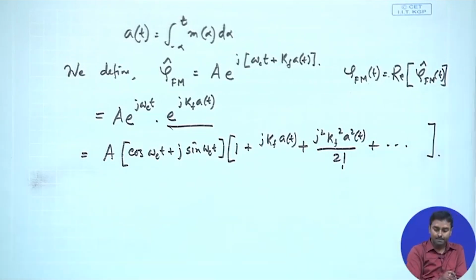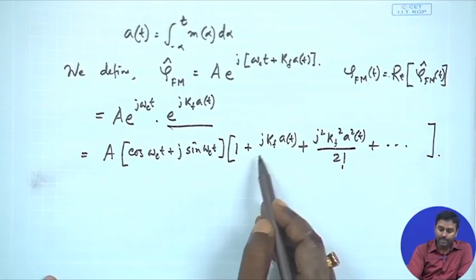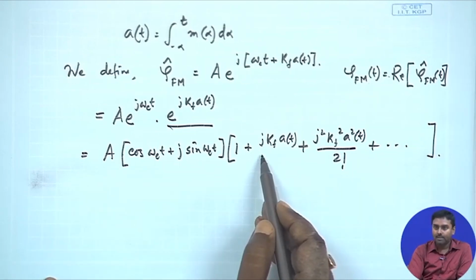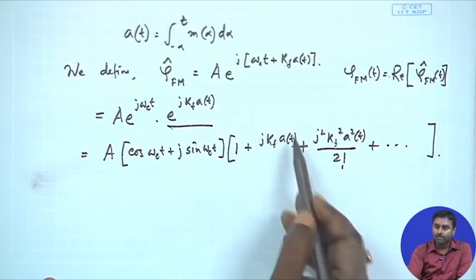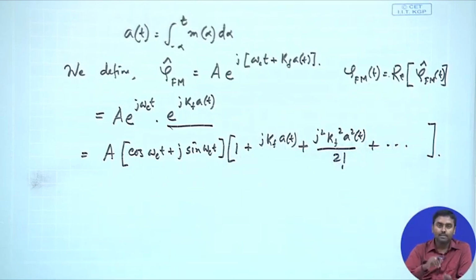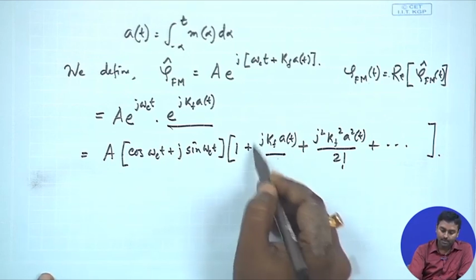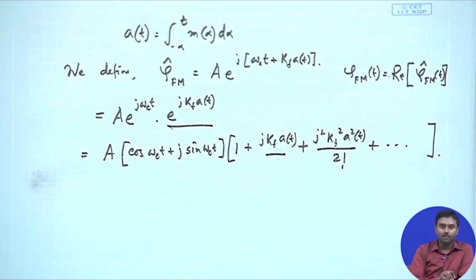So, what you can see is that, counting this as the 0th term, then the first, second, third, every odd term will be the imaginary term, because j will be multiplied.